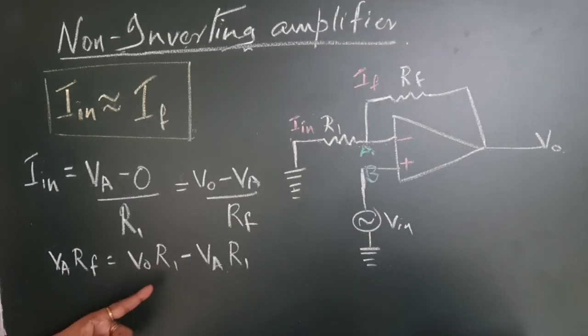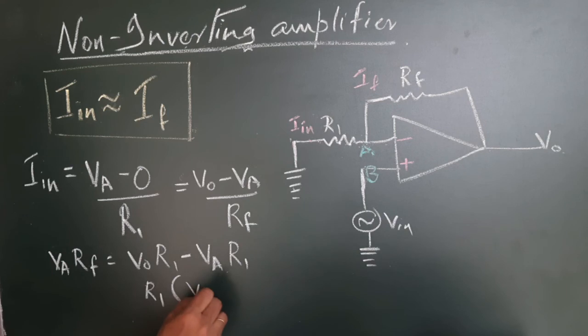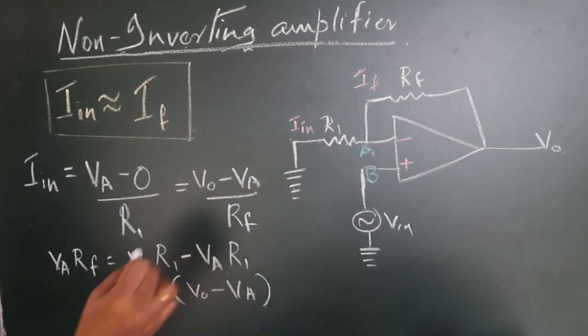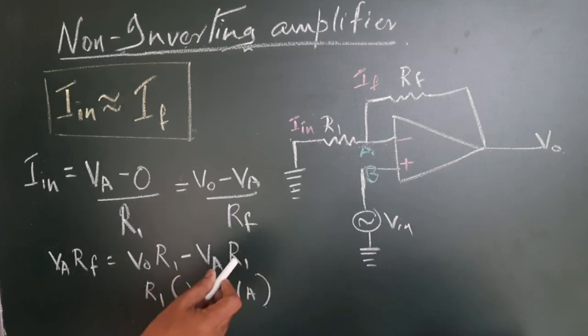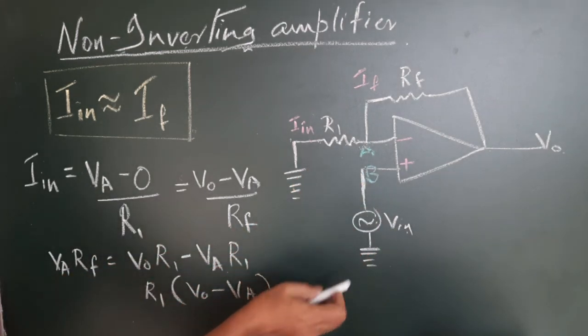So we will take the common factor R1 out. So VA into RF plus R1 is equal to V out into R1.